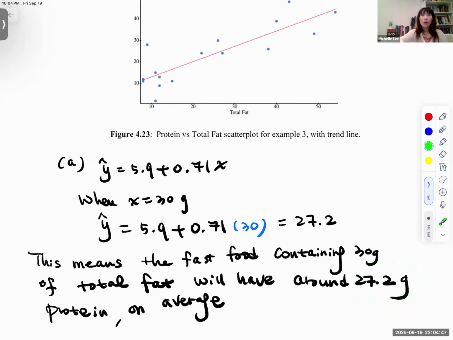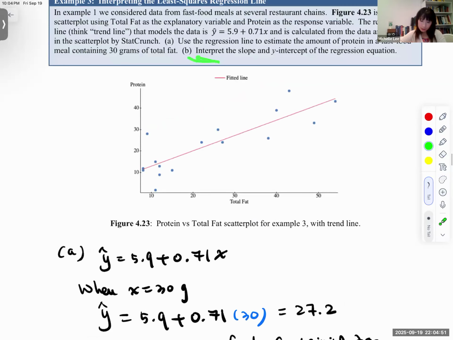Okay. Let's do the second part. The second part said interpret the slope and y-intercept. So let's talk about the y-intercept first. The y-intercept is 5.9, right?